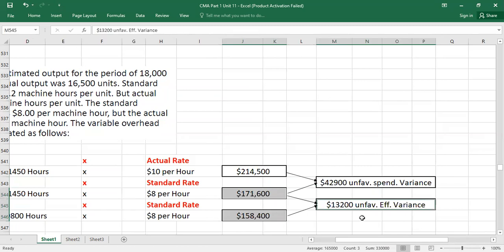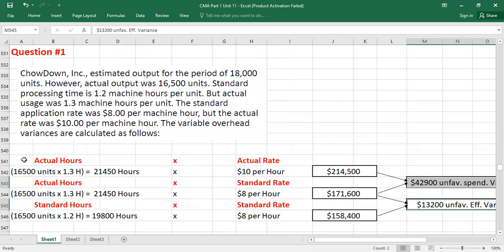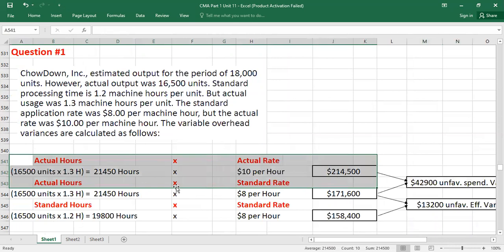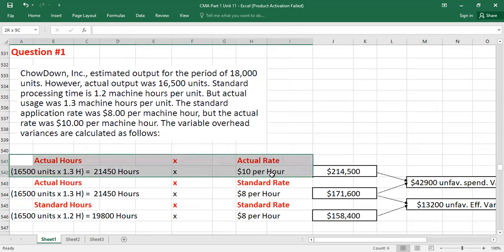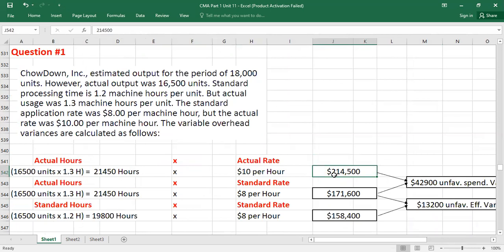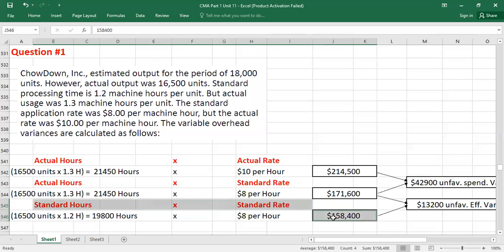If you want to calculate the total variance for the variable overhead, we can net the spending variance with the efficiency variance, and you will get the total variance. Or in other words, if you take the difference of the first line, 214,500, and the last line, 158,400, you will get the total variance. It will give you the same answer. So now let's move to question number 2.